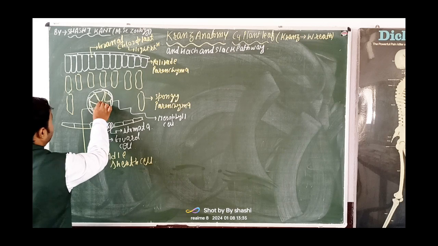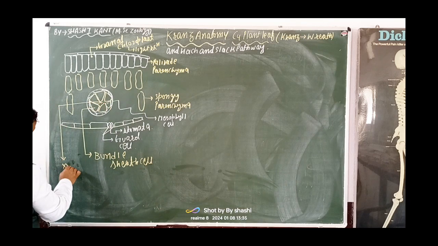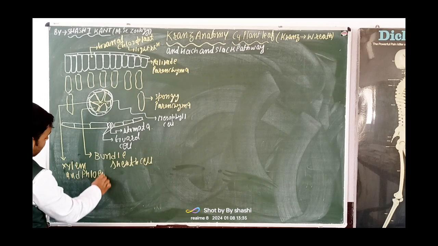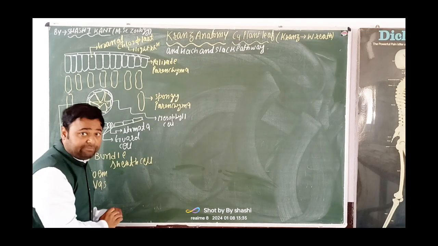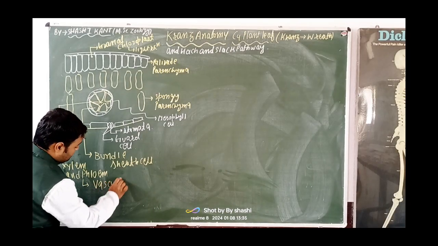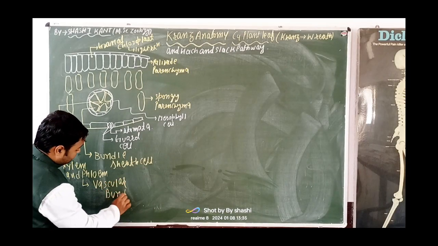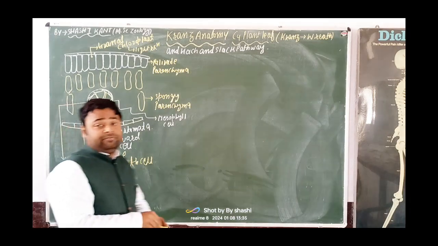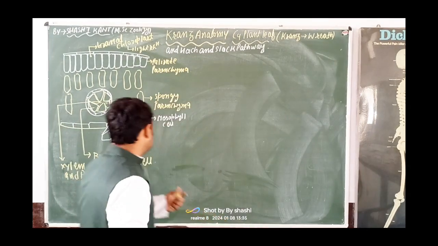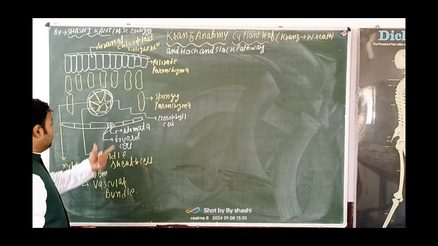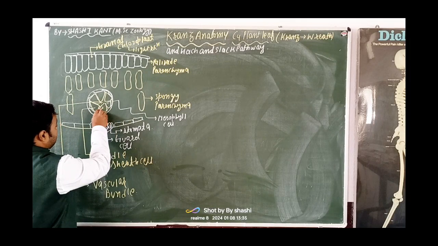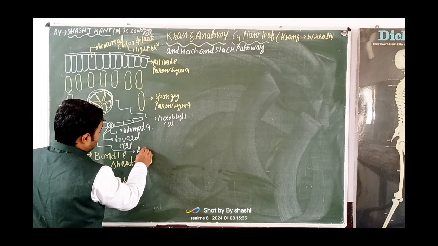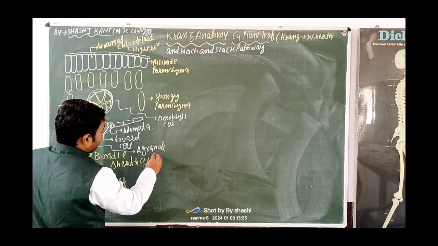The vascular bundle includes the xylem and phloem. Both are collectively known as the vascular bundle. One more thing which I have to clarify is that inside this bundle sheath cell there is a chloroplast known as agranal chloroplast.